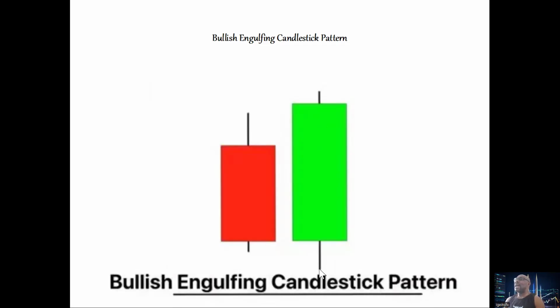That means there are more buyers in the market than sellers. So what happens when more buyers are in the market than sellers? It will drive price up. All right? Remember law of demand and supply.